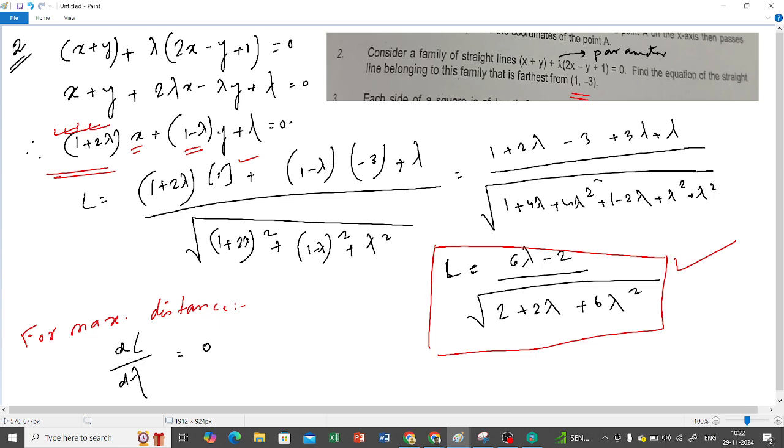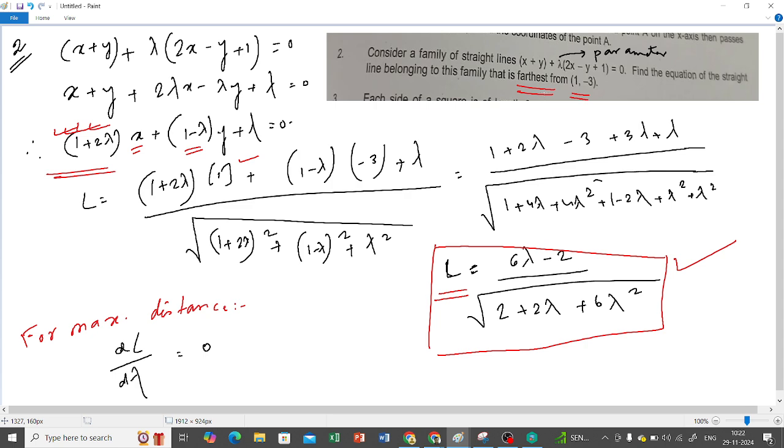Whenever we want to find the maximum or minimum value of something, we have to differentiate it with respect to the independent variable and equate it to 0. Here I need to maximize this L, because the question asks for the farthest line. So L has to be maximum.